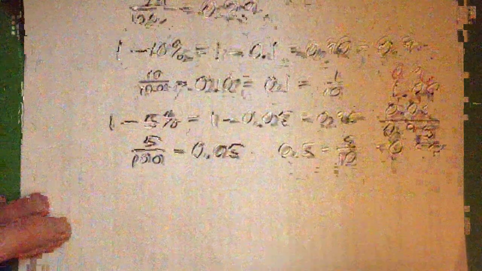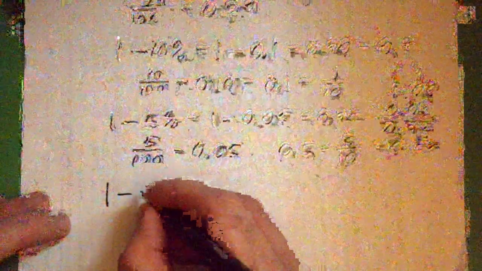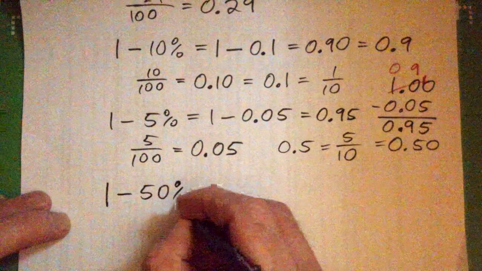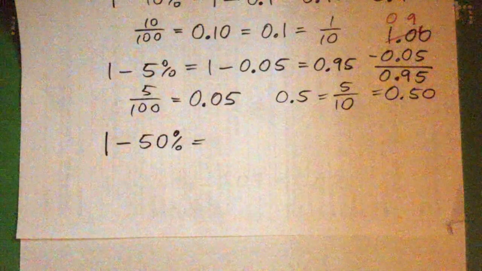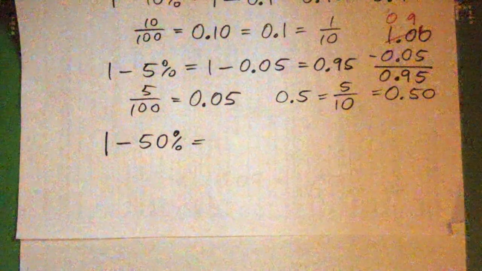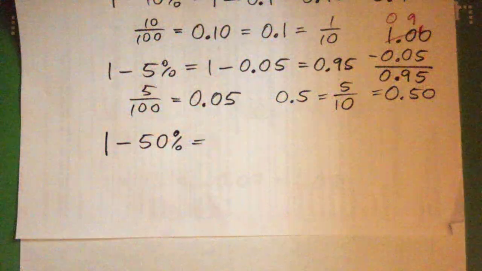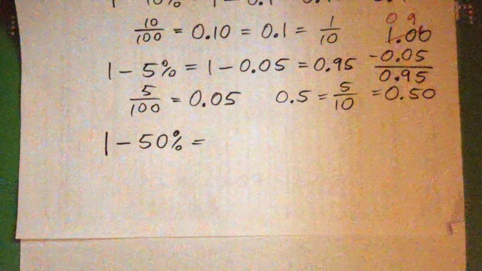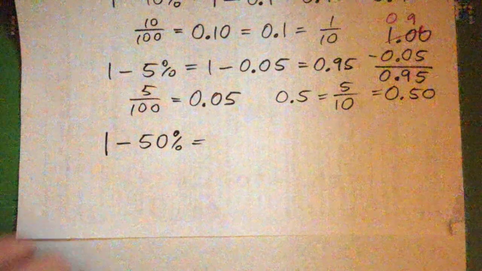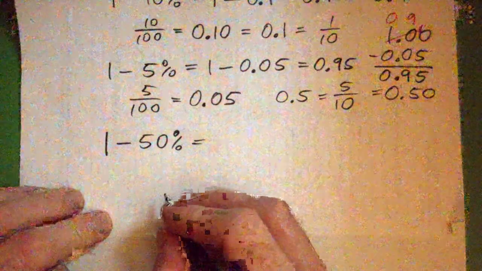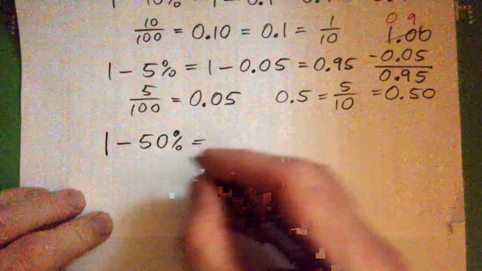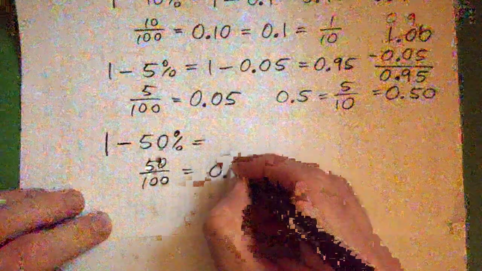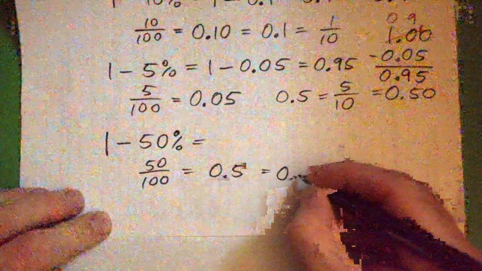So everyone needs to know the difference between that and this. 1 minus 50%. Do 1 minus 50%. Write it out, and what do we get? 50% is 50 over 100, which is 0.5 or 0.50, same thing.